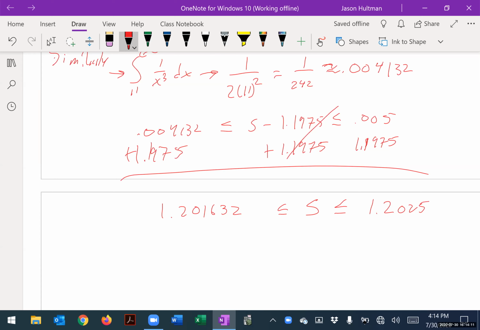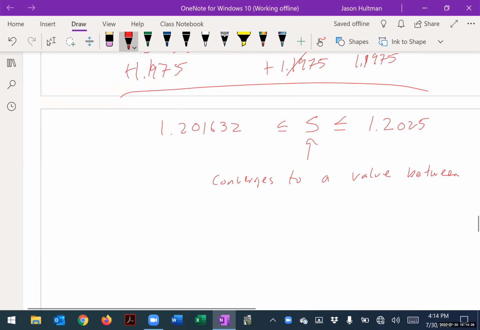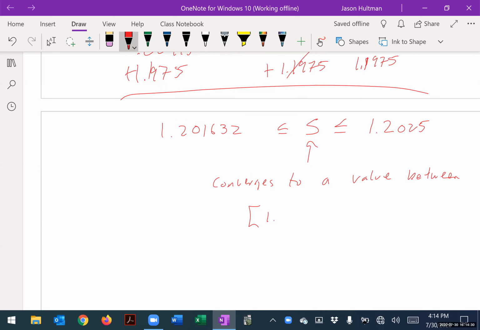Now again, I don't know exactly what this thing converges to, but it converges to a value between 1.2016, I'll just leave it there, and 1.2025. I don't know what it converges to, but I do know that it converges to a value.